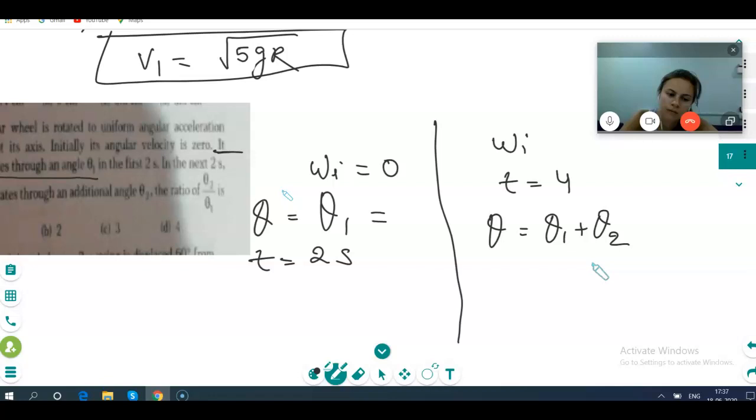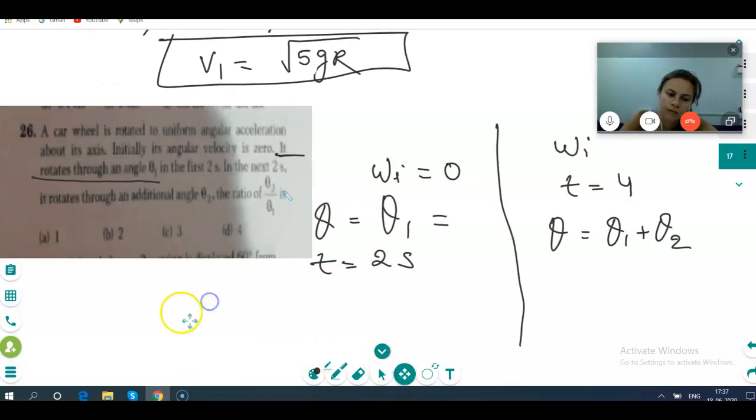It is telling you in the next 2 additional seconds. We cannot take it separately, because we have to start from 0. So case 1 we stop at 2 seconds, then 0 to 4 seconds. So 4 seconds means theta 1 plus theta 2. Okay.